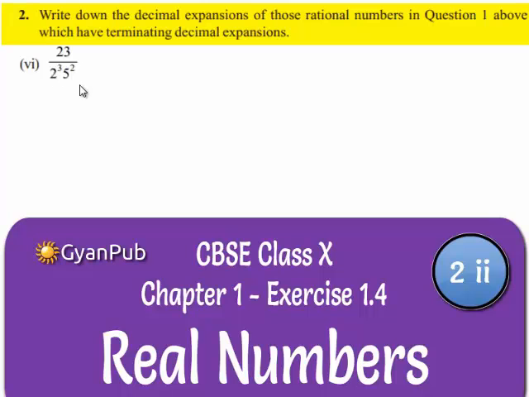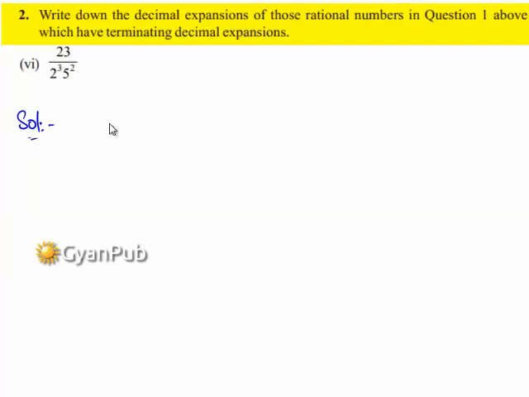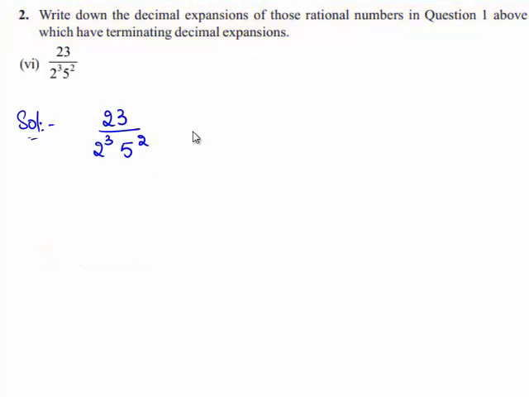Now let us move on to the next rational number that has the terminating decimal expansion. So now we need to find the decimal expansion for the rational number 23 upon 2 cube times 5 square. Since the denominator is already in the form of a product of prime factors, now to find the decimal expansion, we need to multiply the given rational number with 5 on both the numerator and denominator.